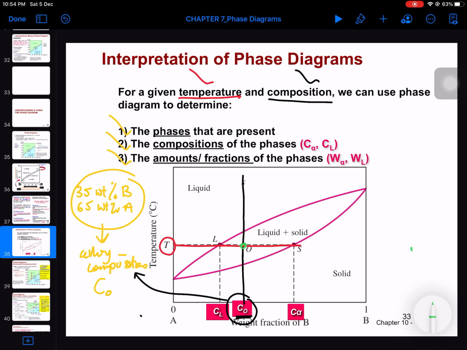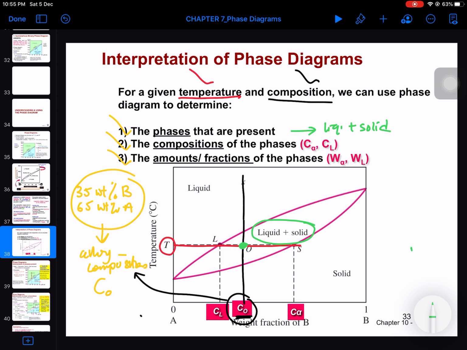This is the intersection point, and it lies in the liquid plus solid phase region. So the phases present here are liquid plus solid.